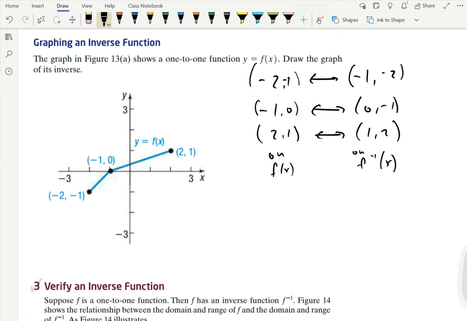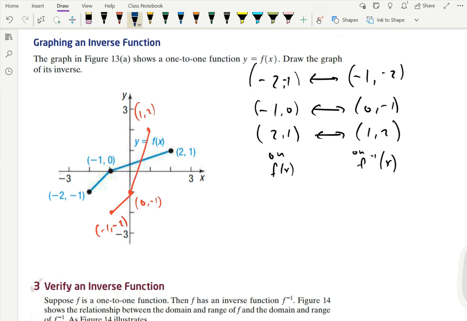So when I come back and draw these points in, if I was at (negative 2, negative 1), I should also have the inverse at (negative 1, negative 2). So (negative 1, negative 2) would be here. (Negative 1, 0) now becomes (0, negative 1), and (2, 1) becomes (1, 2). Now I can connect those.